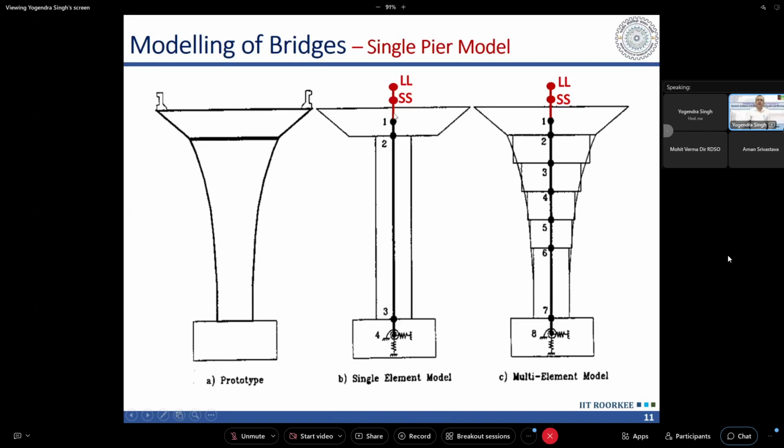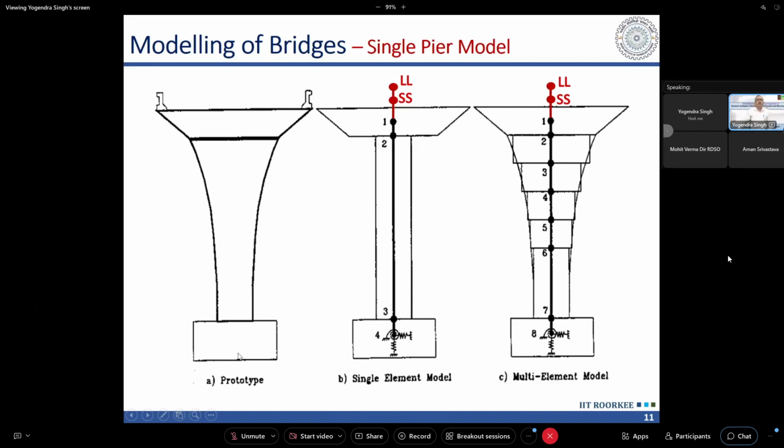So not only do we have to consider the proper element for modeling the pier, we also have to model the mass appropriately. We have to understand that this single pier model is the simplest model, and that's why it has its own errors. It is giving us an approximate analysis, and the mass cannot be lumped at one point. It will be lumped at the corresponding CG of that mass.